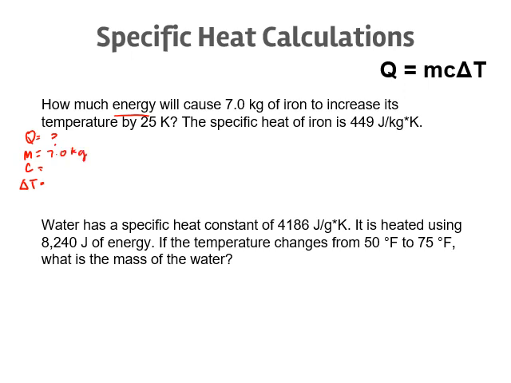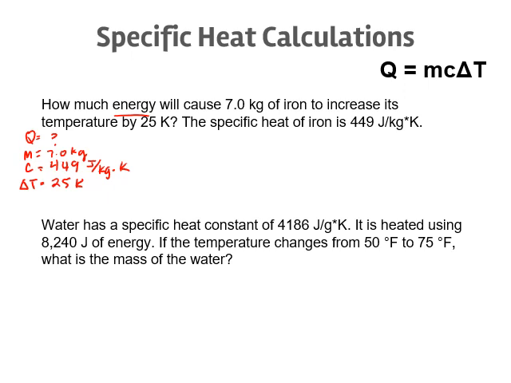A temperature change of 25 Kelvin. The specific heat of iron is 449 joules per kilogram times Kelvin.